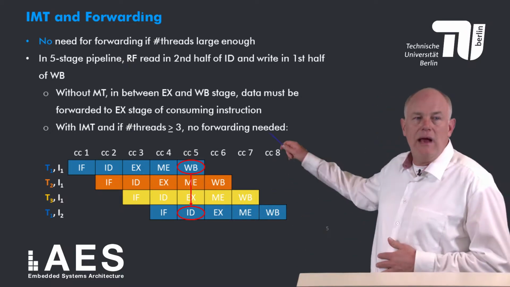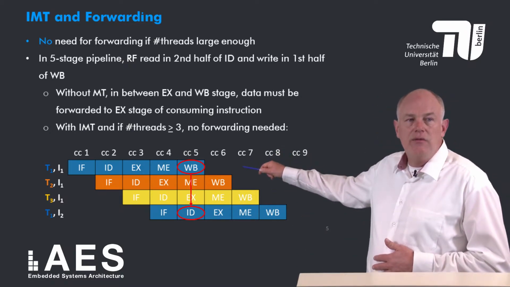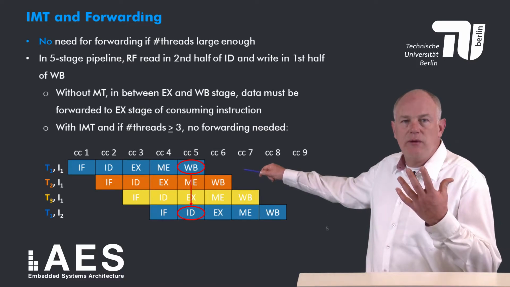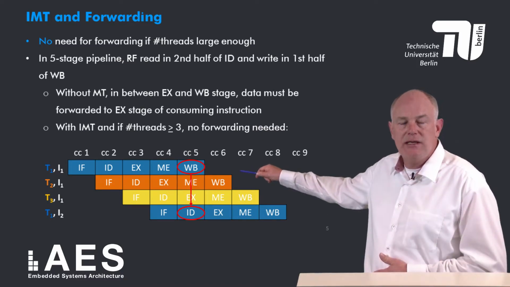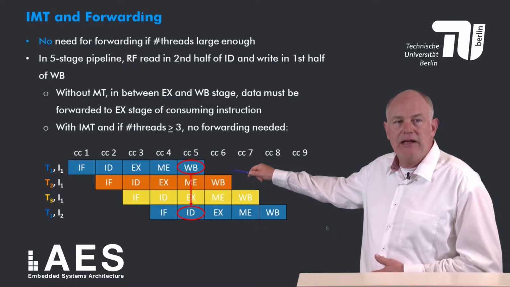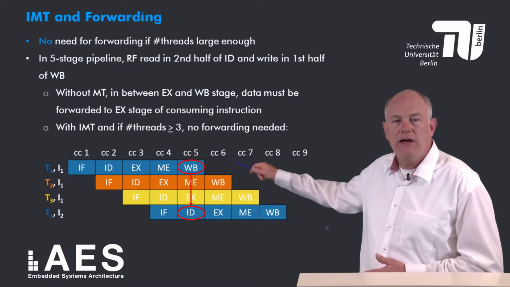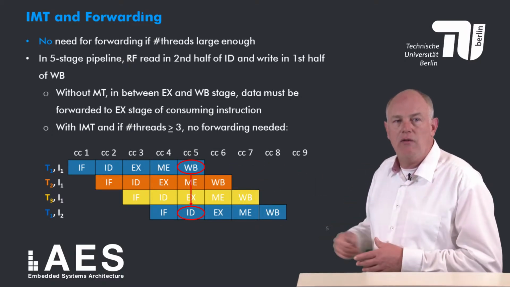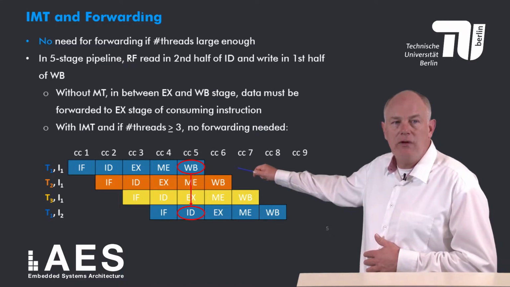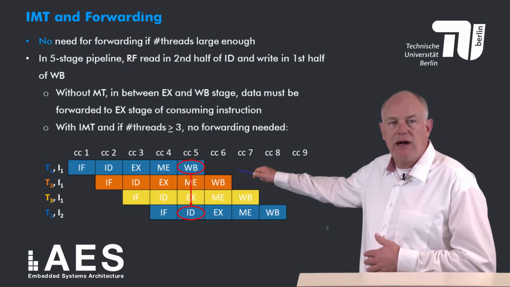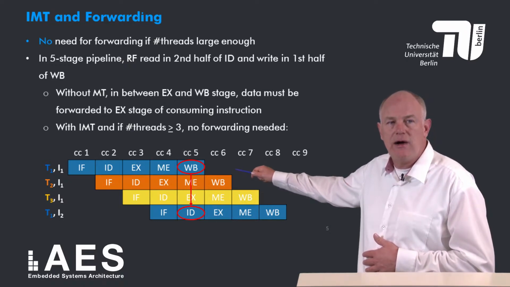That means that when the first instruction from the first thread has finished, it has written back its result in the first half, indicated by the dark coloring on the left-hand side of the write back stage in clock cycle 5. It writes back the result to the register file in the first half of clock cycle 5.